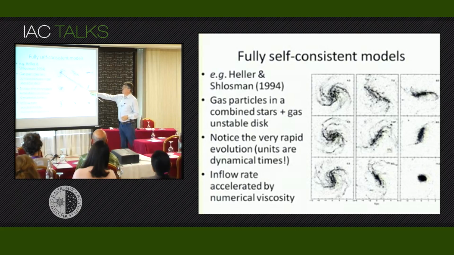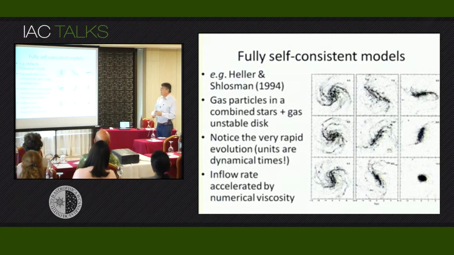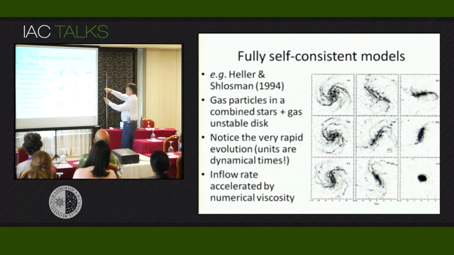We discussed why the inflows in bars are important, and that really does happen. We know from observations we can see the gases flowing inwards, but the rate at which the entire gas distribution in the galaxy ended up in the central blob is completely insanely fast. And that inflow rate is because of this numerical viscosity.